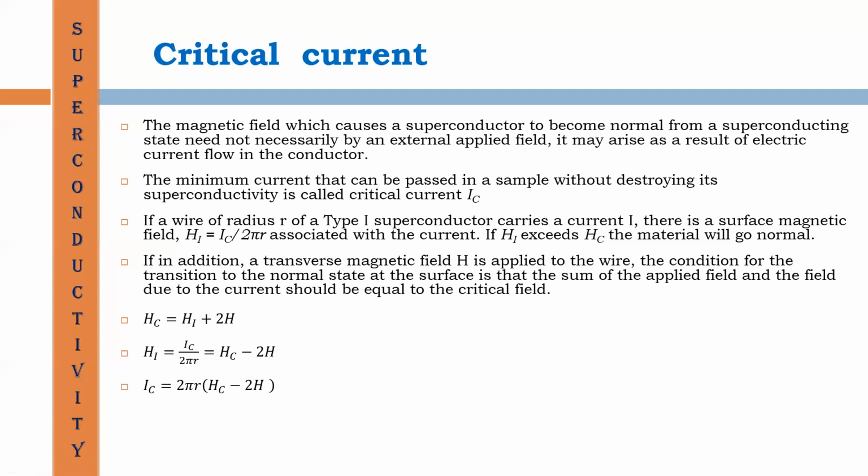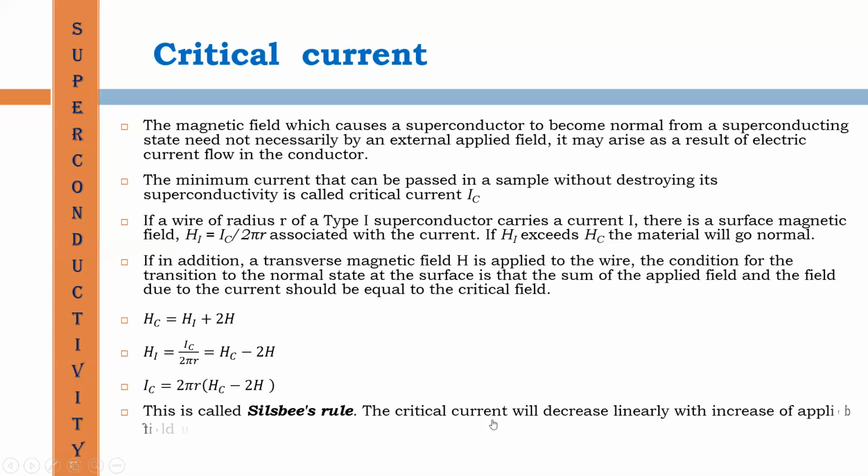When the value of H increases, what will occur? The value of IC will decrease. When the applied magnetic field increases, the critical current must decrease. Okay. This is known as Silsbee's rule.